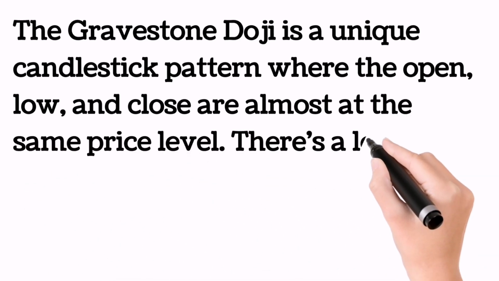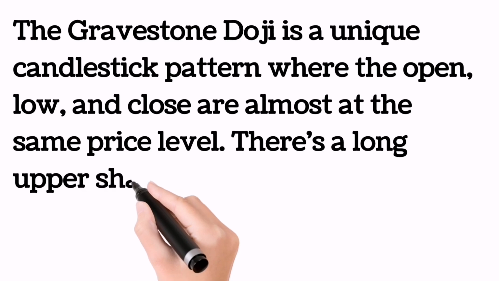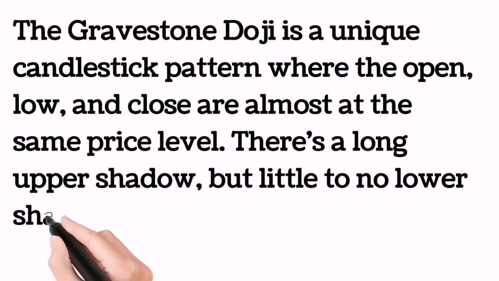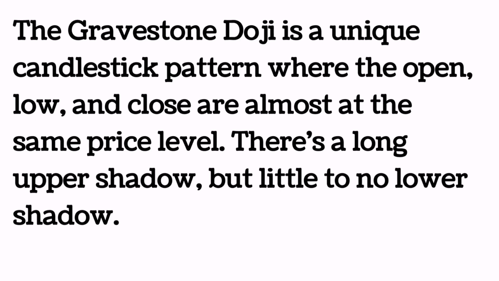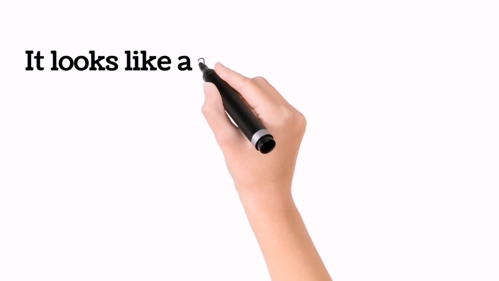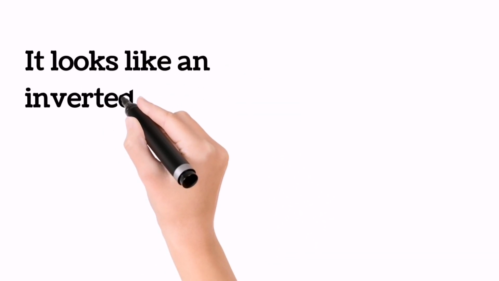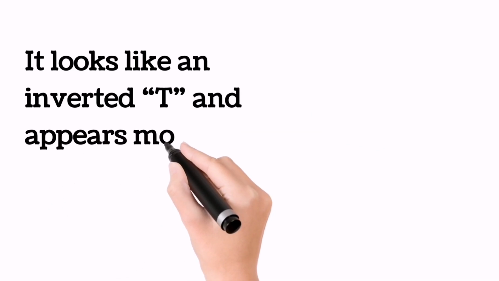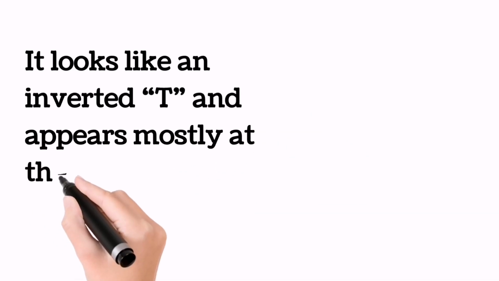There's a long upper shadow, but little to no lower shadow. It looks like an inverted T and appears mostly at the top of uptrends.